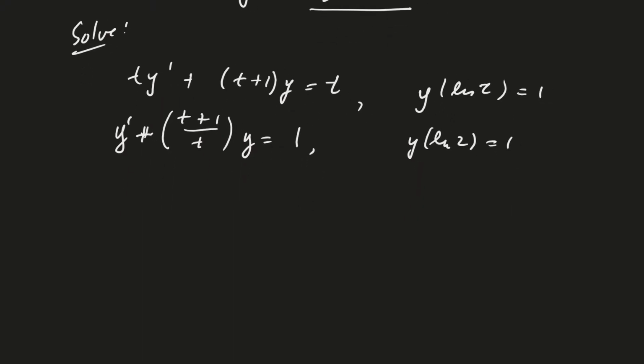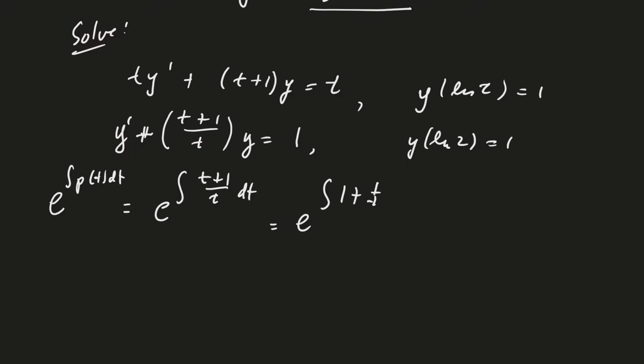Okay, so now we have our p of t, and so now we integrate. That's e to the integral t plus 1 over t. To integrate that, you just actually do the division, so that's e to the integral 1 plus 1 over t. So that's going to be e to the t plus the natural log of t.